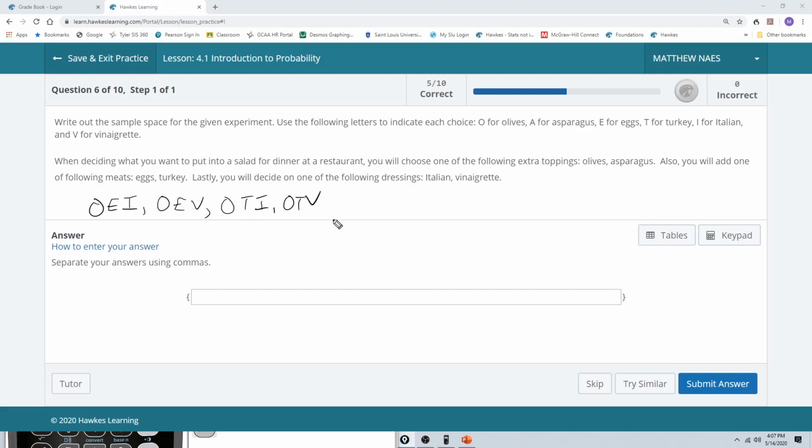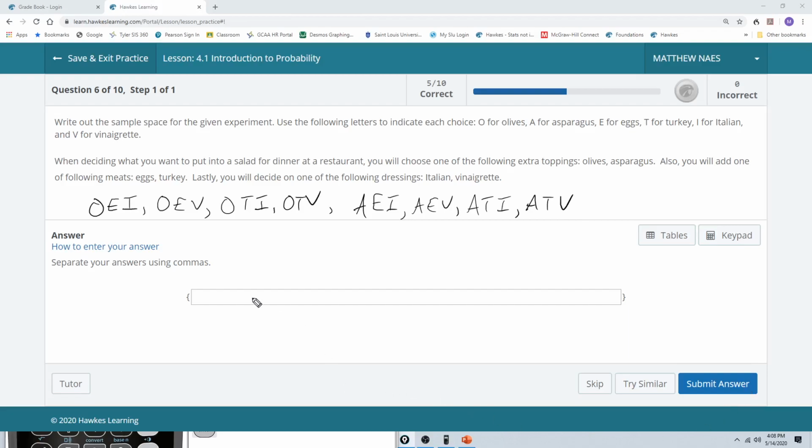Okay, so those are really your only options there. That's it for olives. Now, what if you chose asparagus? You could choose asparagus with eggs with Italian, or asparagus with eggs with vinaigrette, or asparagus with turkey and Italian, or asparagus with turkey and the vinaigrette.